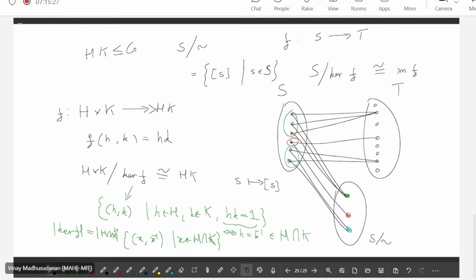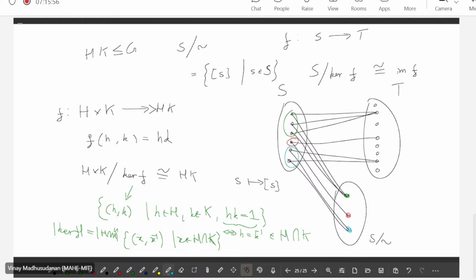Okay. Then what is the next thing I can do here? How do I connect everything? Define a mapping from S mod tilde to T. How? Here I see that all the elements in this class are going to this green point. Sorry, I should not say this because online people cannot see.